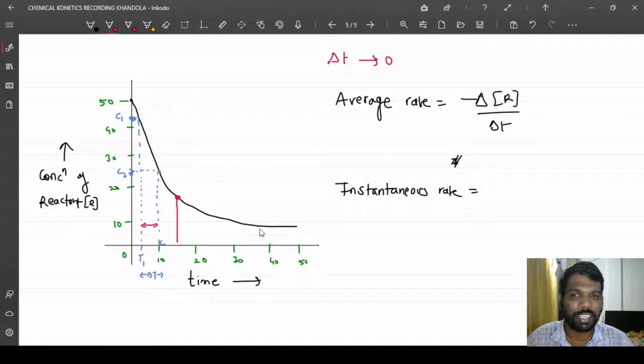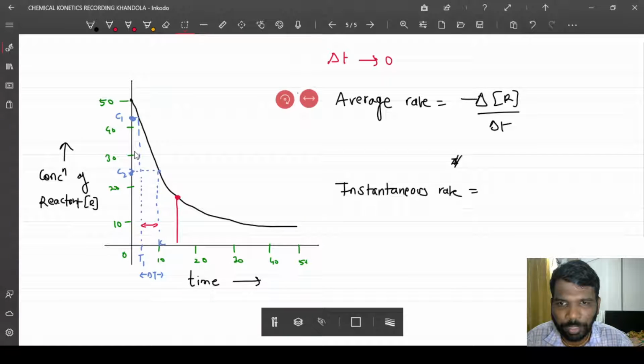Whenever it is a curve, we always draw a tangent to it. If I draw a tangent to it, then we will get an instantaneous rate, right? If it is a straight line, we take a slope, and if it is a curve, then it is a tangent which we draw.